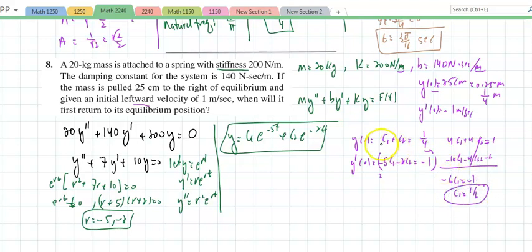And if c1 is 1/6, I could say 1 over 6 plus c sub 2 equal 1/4. Clear the fractions: 2 plus 12c sub 2 equal 3. 12c sub 2 equal 1. So c sub 2 equal 1 divided by 12.